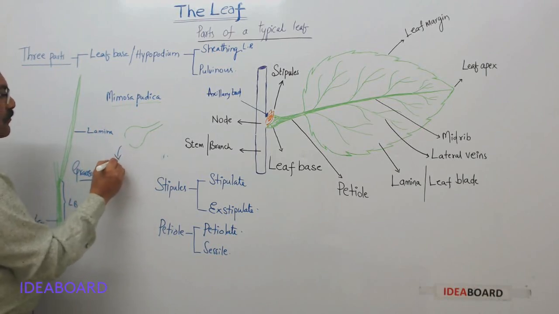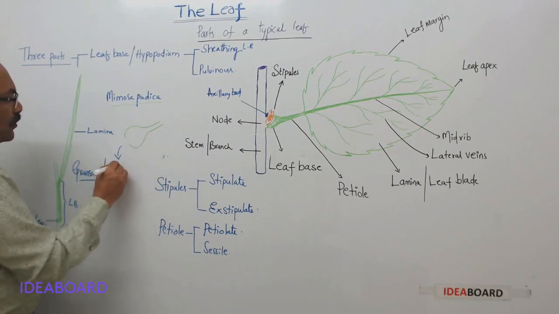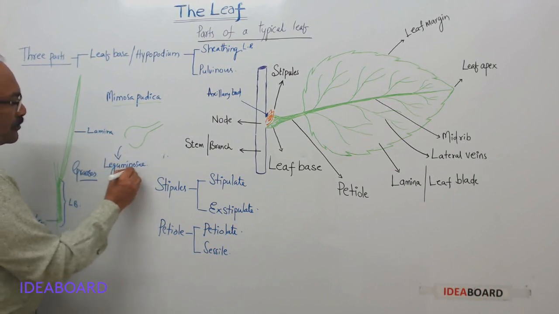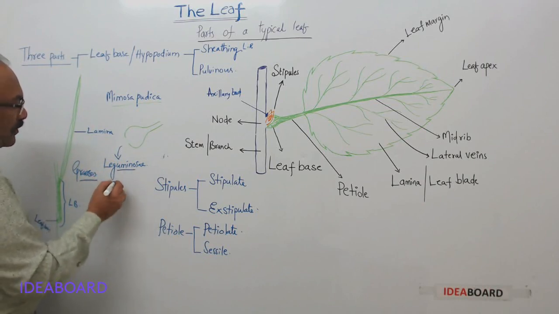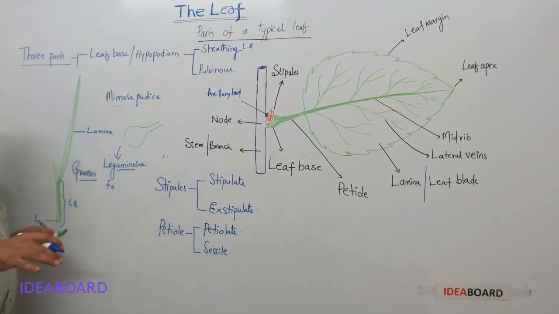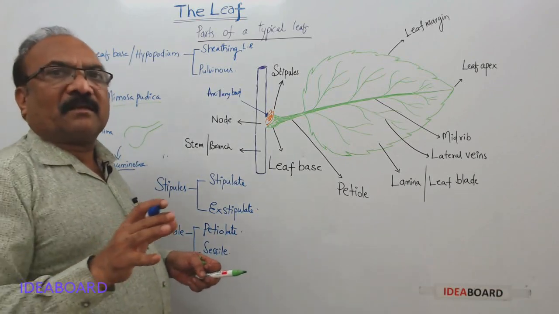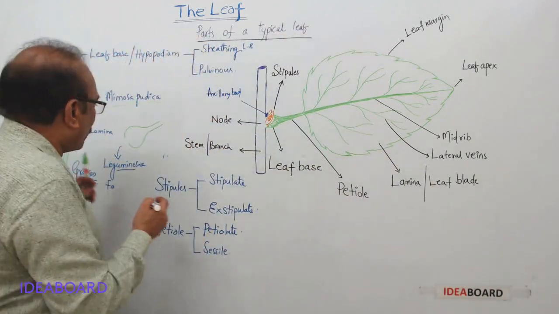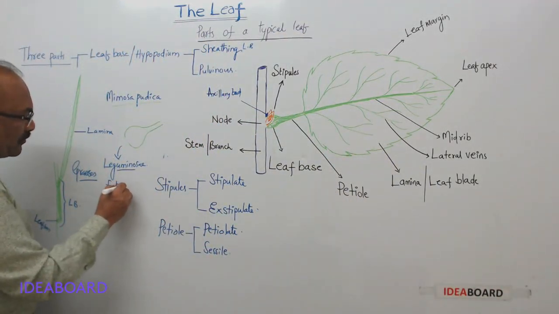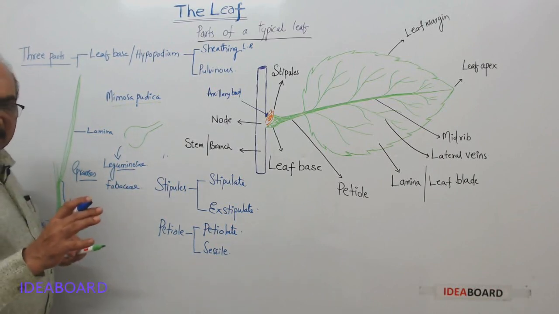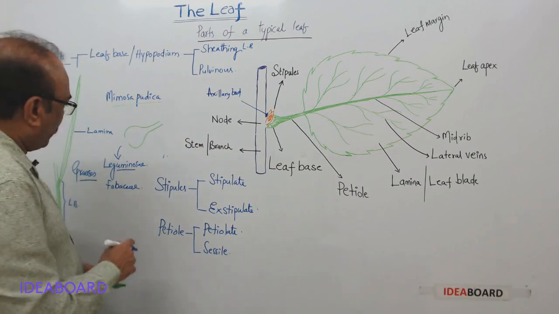Not only Mimosa pudica, generally pulvinous leaf base is a characteristic feature of all plants belonging to the Leguminosae family. Now we are not using the word Leguminosae, because it was the family under which three subfamilies used to be there, and now the subfamilies are given the rank of family. So we use family names like Fabaceae, which is in our syllabus. Remember, all pulses belong to the family Fabaceae.